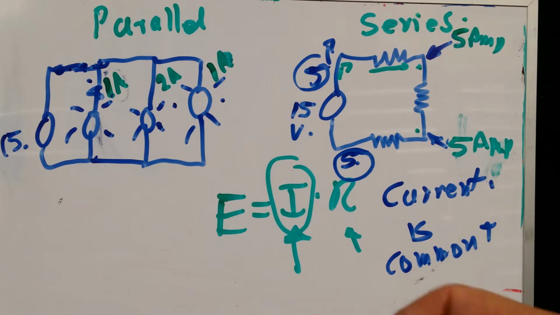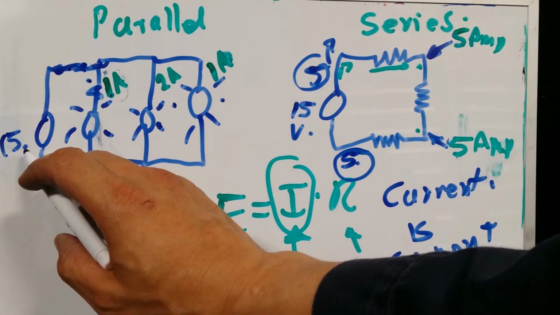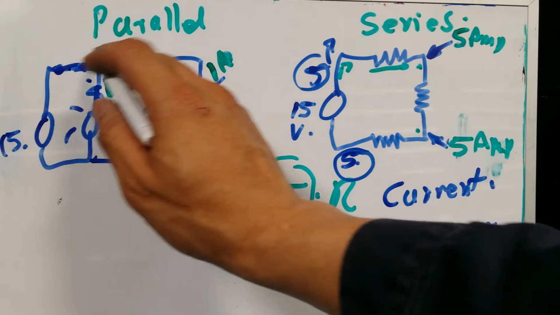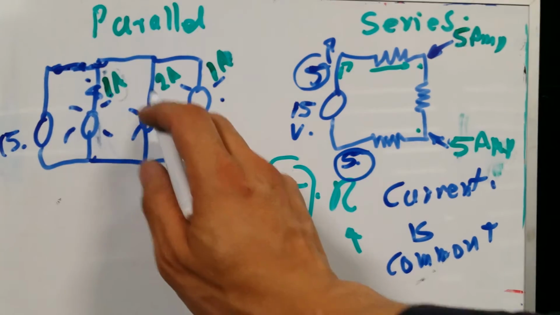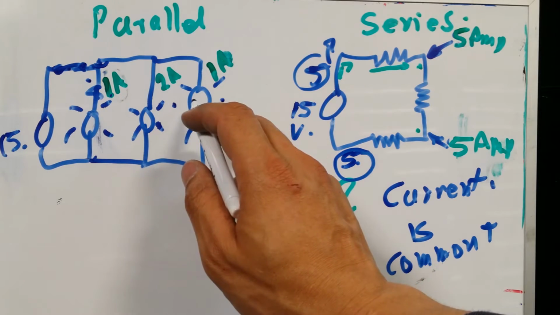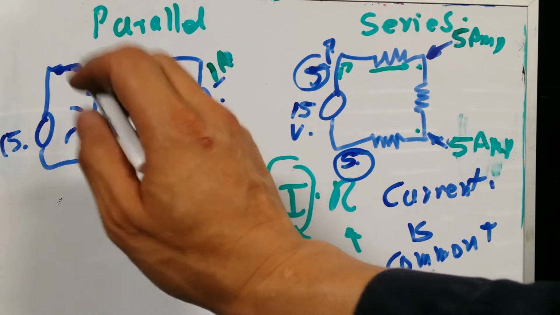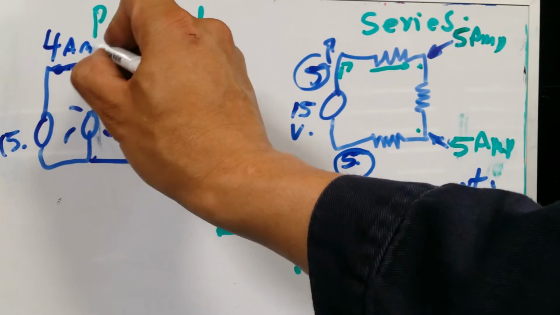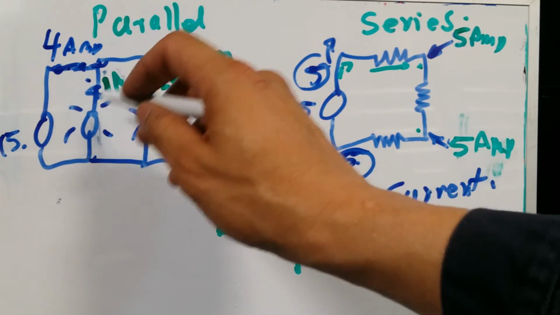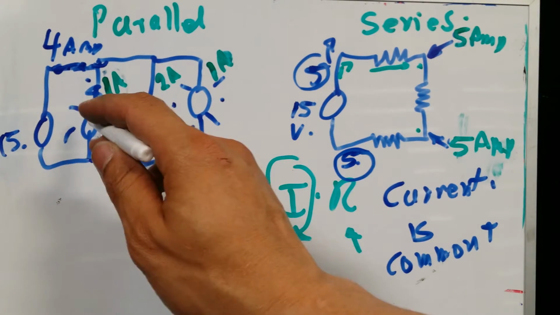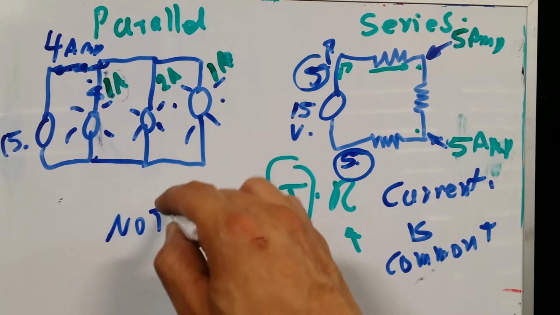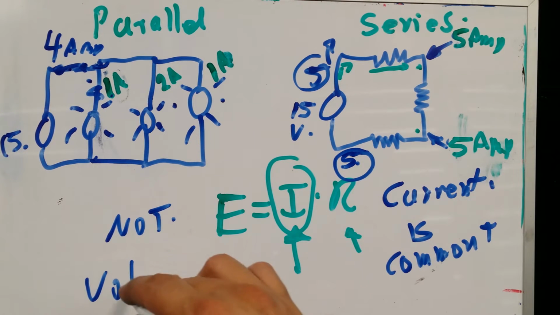The source is providing 1 amp for branch number 1, 2 amps for branch number 2, and 1 amp for the third branch. So in total, it is providing 4 amps, so that it can be distributed. Current is not common. What is common is voltage.